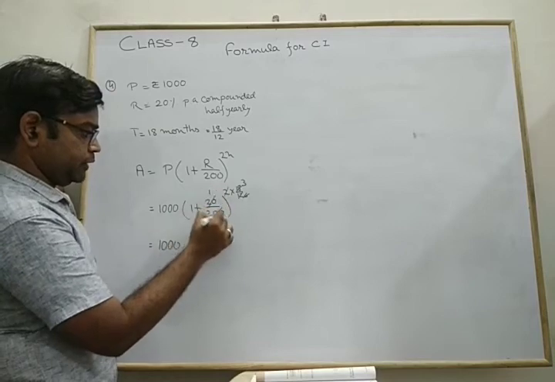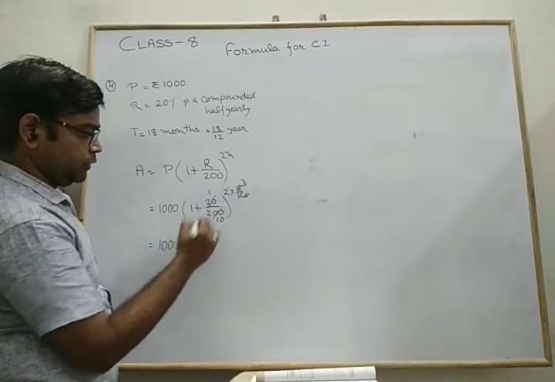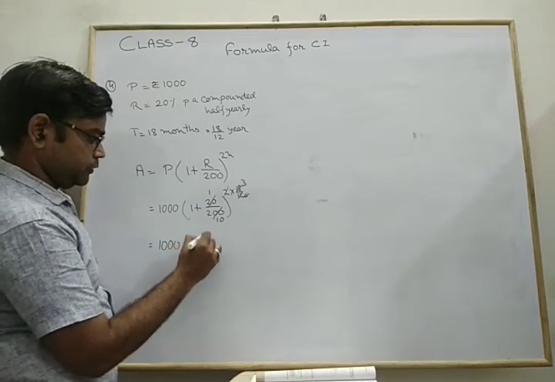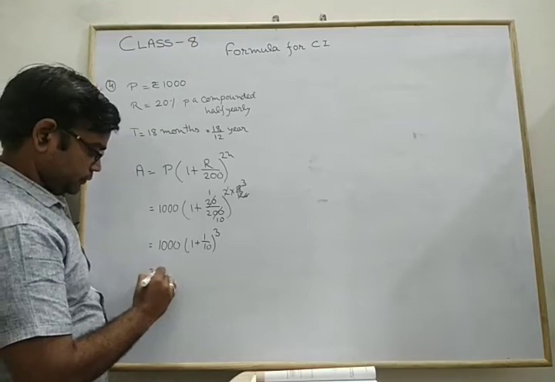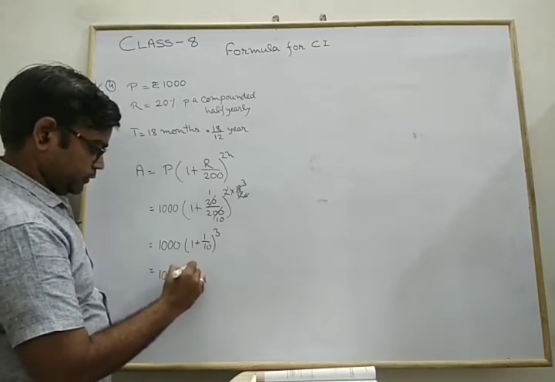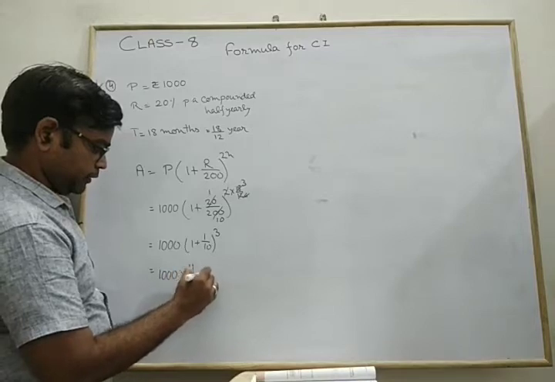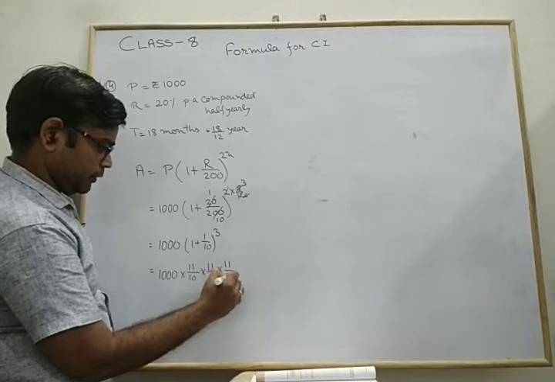When we solve it, it's 1000 into 11 upon 10, 11 upon 10, 11 upon 10.